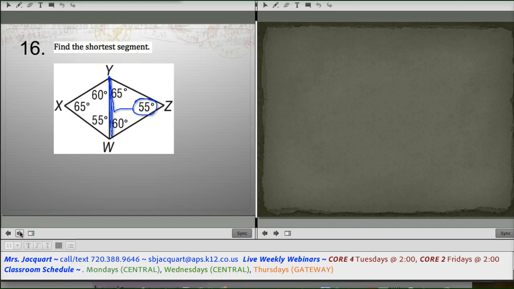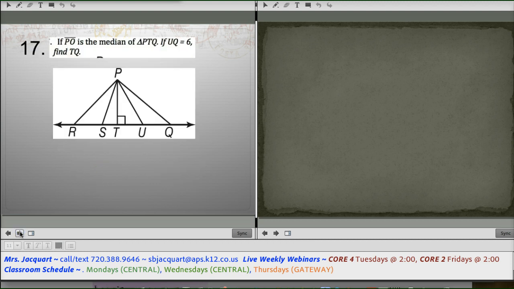However, when we look at this triangle, that actually is our longest side. So then we're going to look for our shortest angle on the smaller triangle, and we're going to see that it's got to be XY that is shortest.